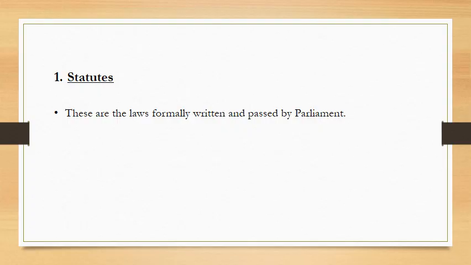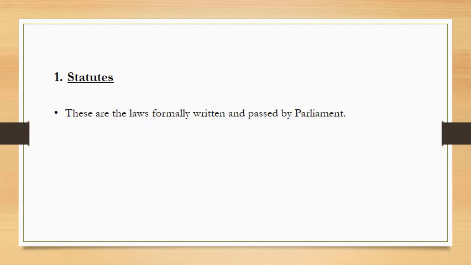First of all, we have to look at the statutes. Now, these are the laws of the country as written down in the Constitution by Parliament. There's no way you can get around these. Any meeting can follow the organization rules or whatever, but if it contradicts the laws of the country, it's illegal.